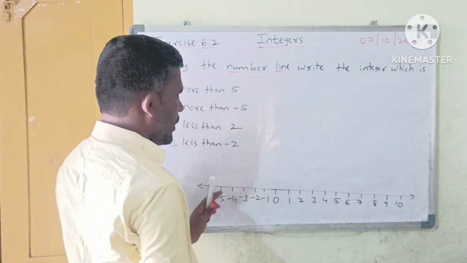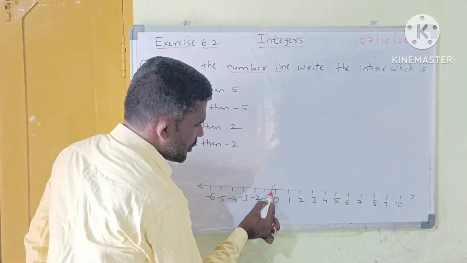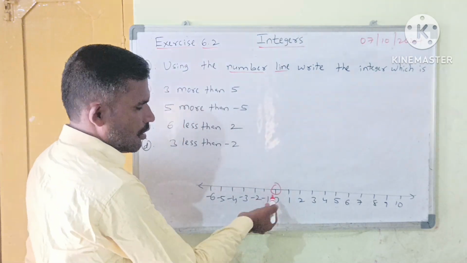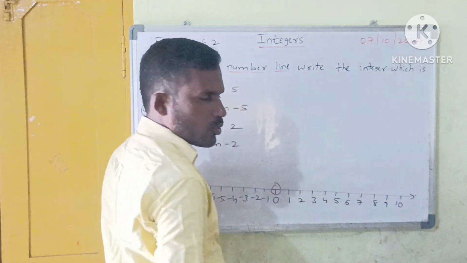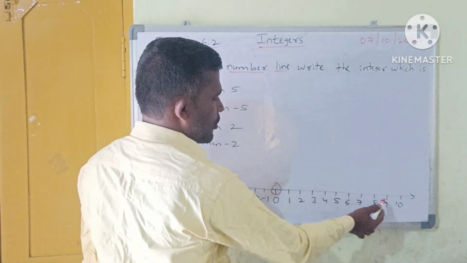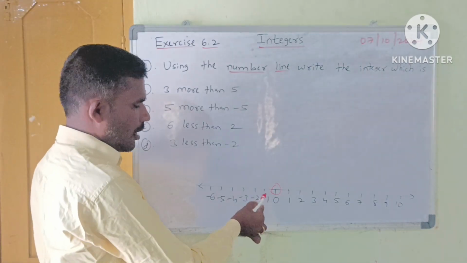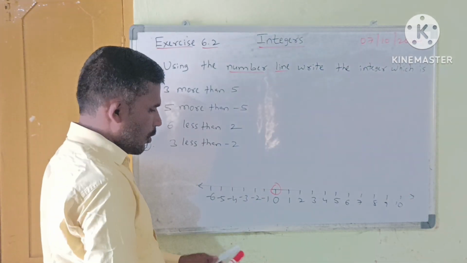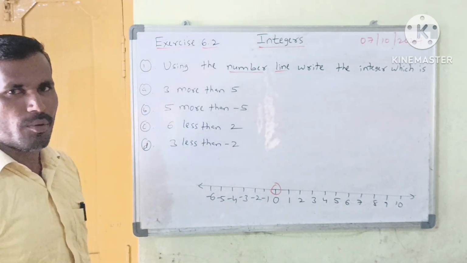That's why first I am taking the number line here. So already I said there is a number line. I am taking the 0. So on the right side we have to take the positive integers 1, 2, 3 up to 10, I am taking. And here on the left side we have to take the negative integers. So minus 1, minus 2, minus 3, minus 4, like that I am taking.